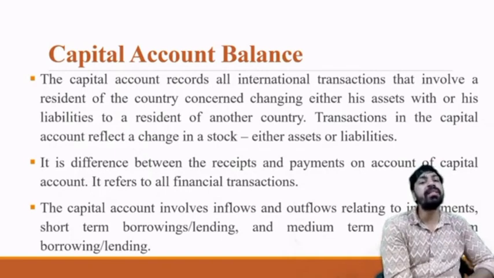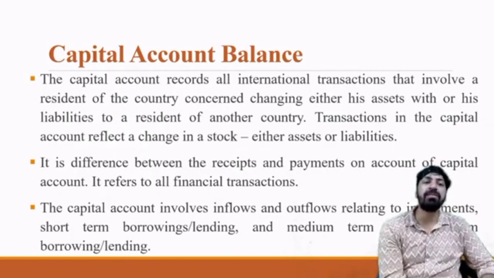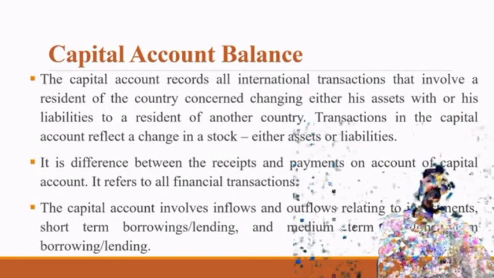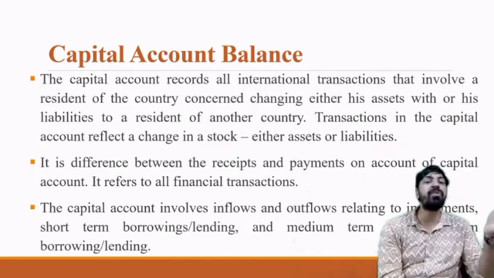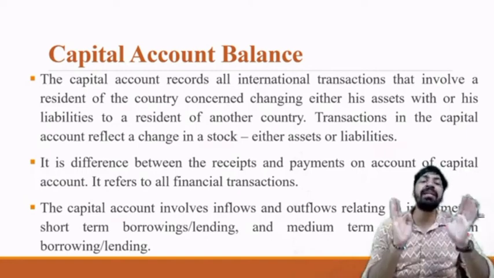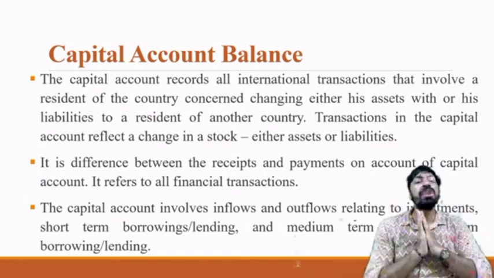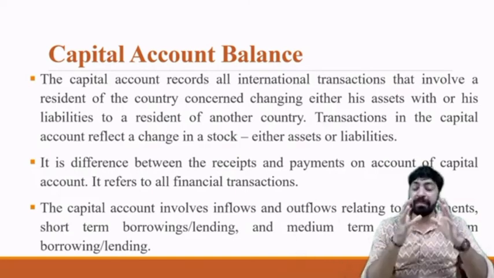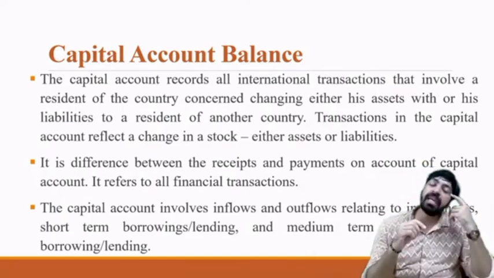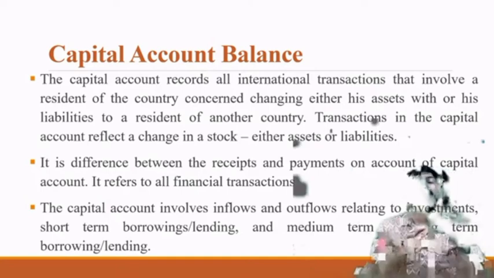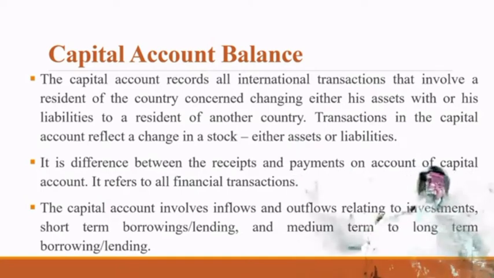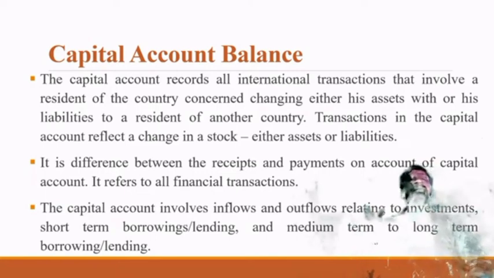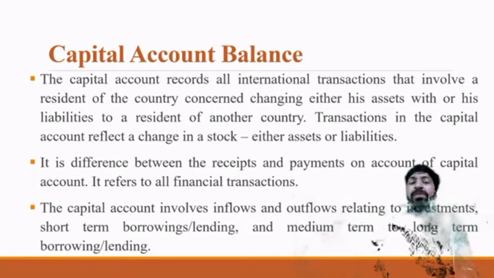The next balance is the capital account balance. The capital account balance records all the international transactions that involve a resident of the country and deal with assets and liabilities of a resident of another country. So any transactions which relate to assets and liabilities come under the capital account.